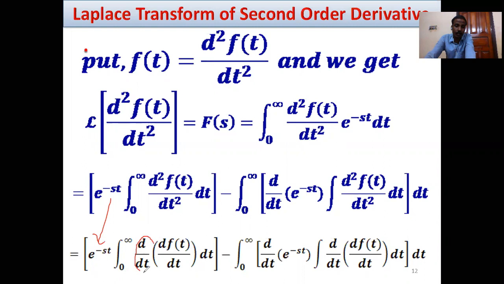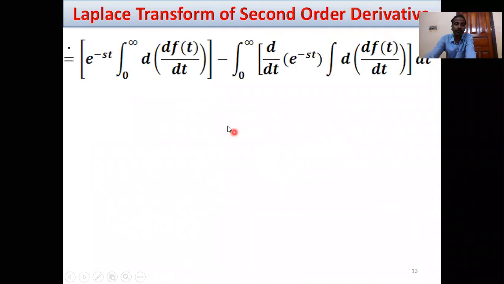That means d/dt of df by dt into dt, and d/dt of e to the power minus st, and in this case d/dt of df by dt whole into dt. This is just arrangement.